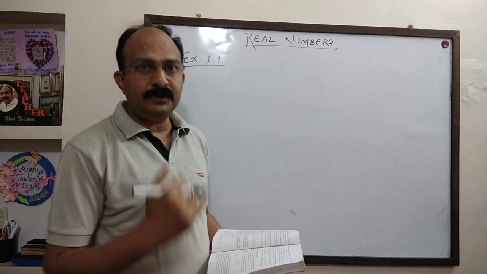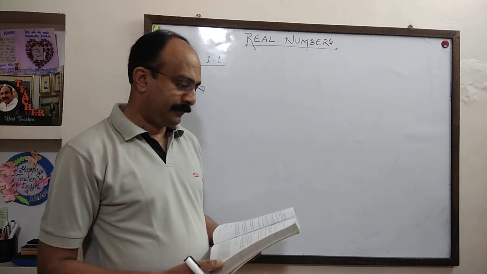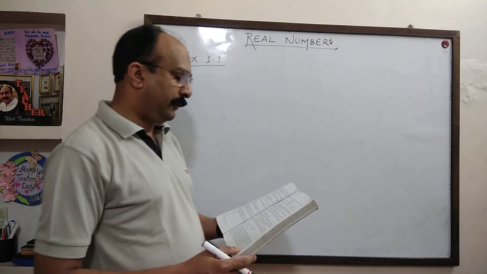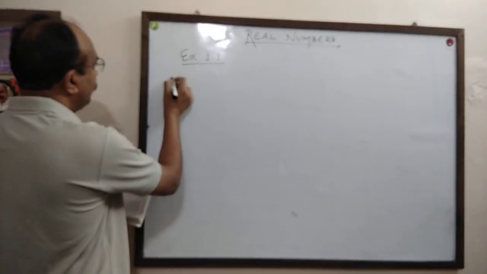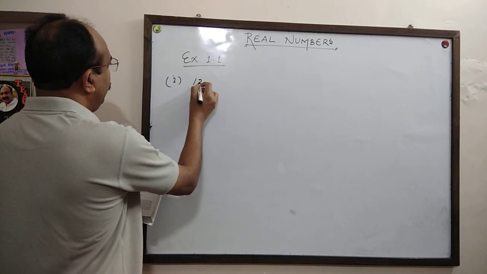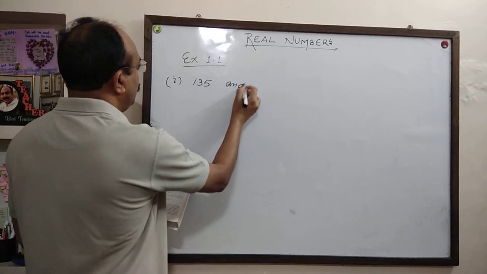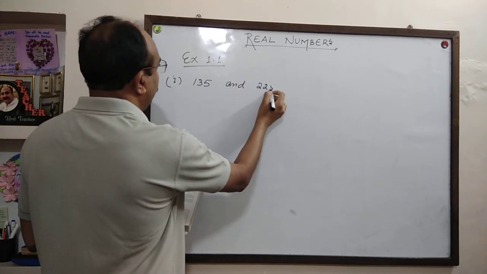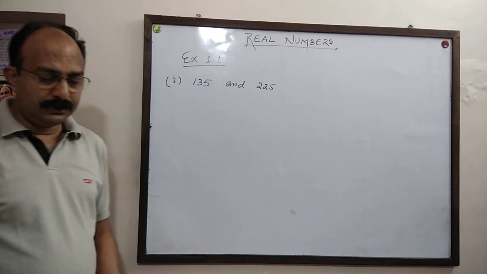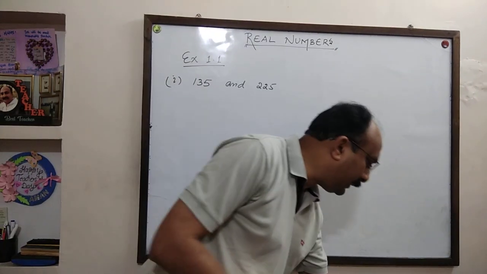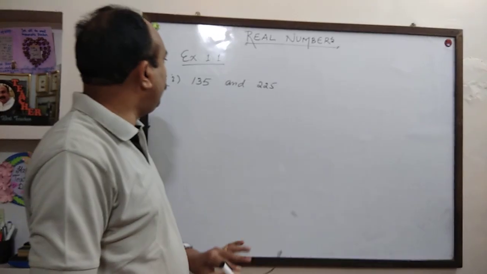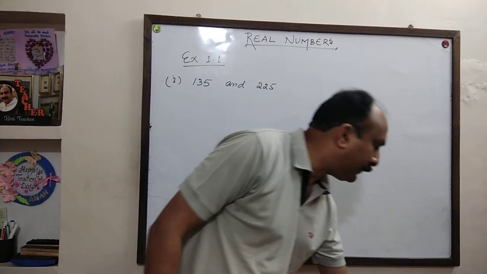Step by step procedure is called algorithm. To find the HCF of the first one, 135 and 225. Use Euclid's division algorithm to find the HCF of 135 and 225.